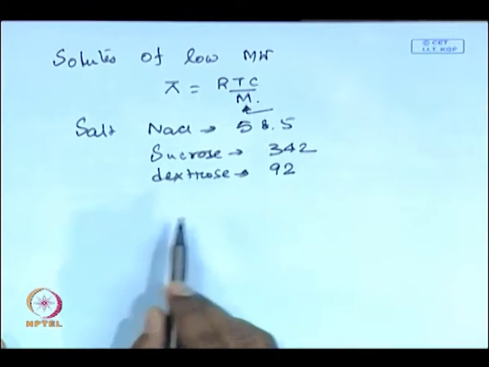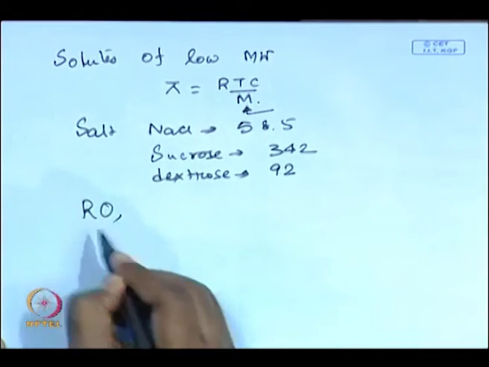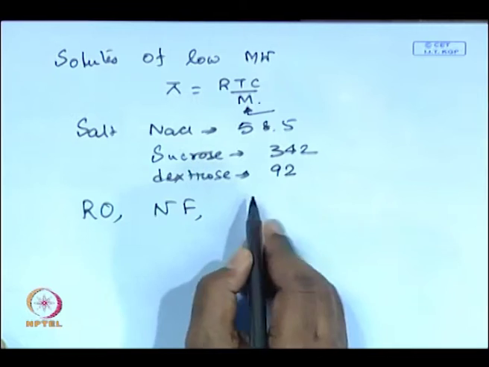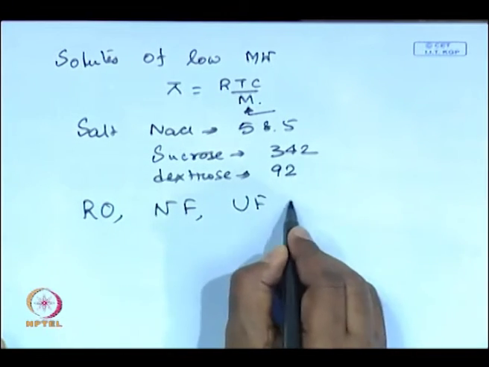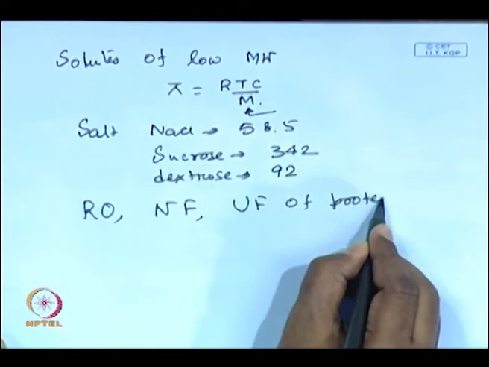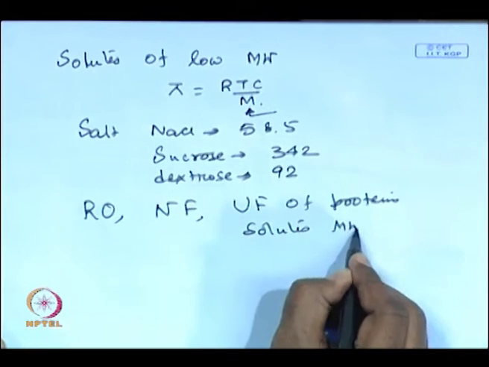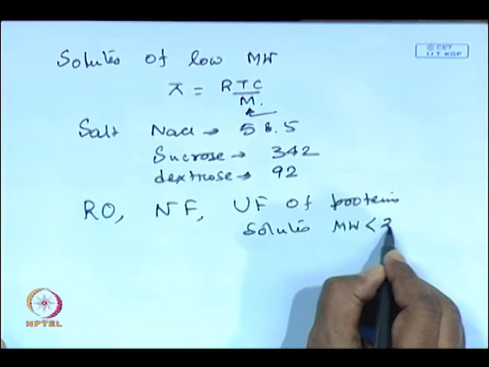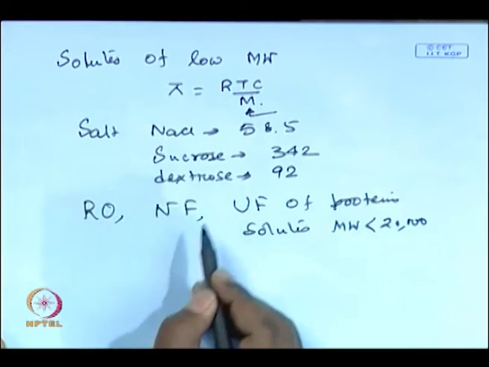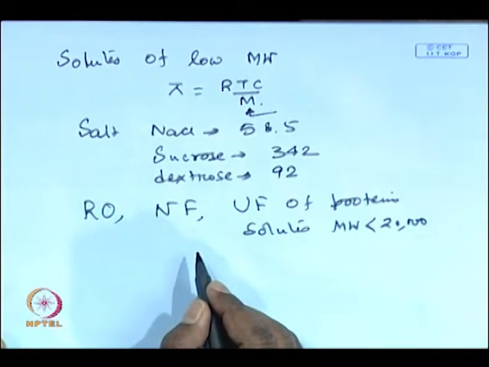For most cases of reverse osmosis, nanofiltration and ultrafiltration of proteins and solutes having molecular weight less than 20,000, the osmotic pressure model becomes very important.